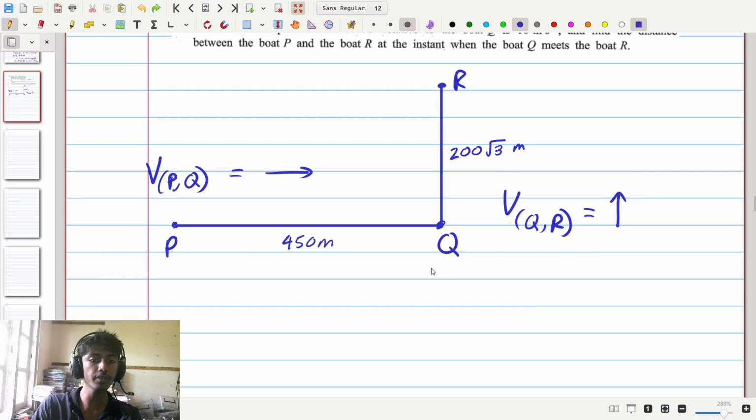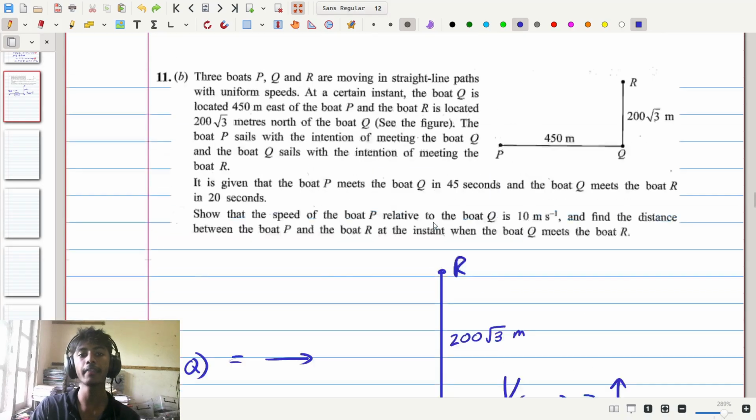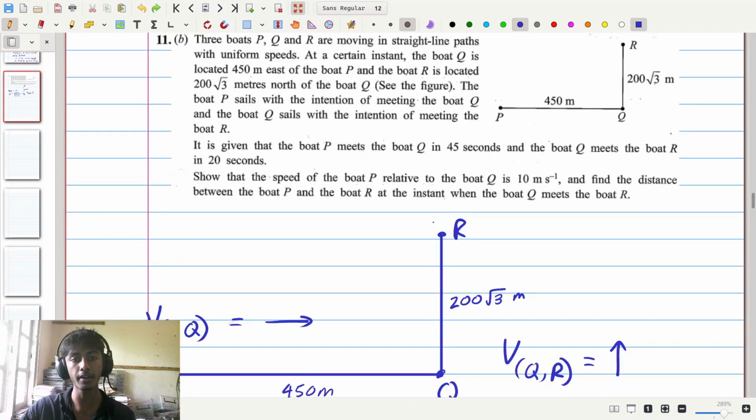Now given this, we can also see the distance between P and Q in that same direction is equal to 450 meters, and the total amount of time taken for the boat P to reach the boat Q is equal to 45 seconds.